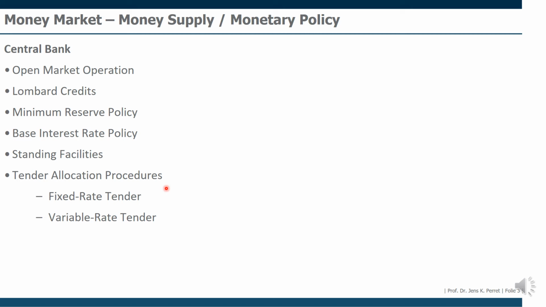So for example, you have 2 million, bank 1 wants 1 million, bank 2 wants the full 2 million, and another bank wants 1 million as well. So we have a total demand of 4 million, but only 2 million available. So each of the 3 banks will get something, but due to the fact that we only have 2 million available, and for example, the first bank wanted 1 million of the total demand of 4 million, so they wanted a quarter of the total, they will get a quarter of the 2 million.